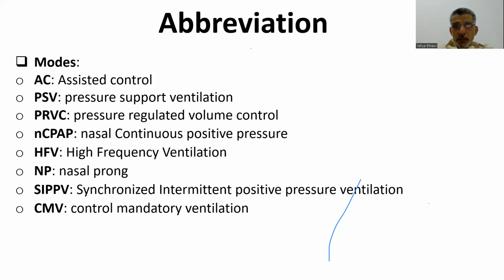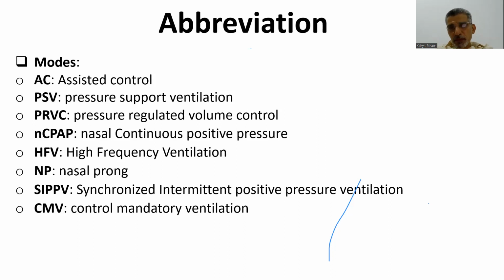And the third breath, called mandatory, that is given by the machine. So one done by the baby, one done by the machine, and one started by the baby and completed by the machine. So assisted, mandatory, and spontaneous.